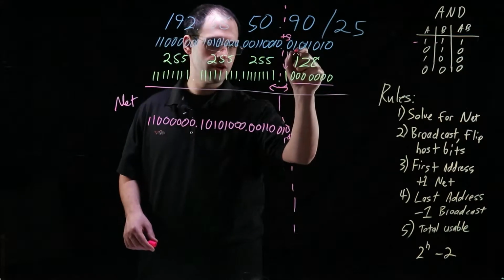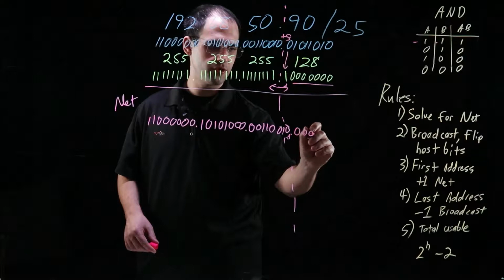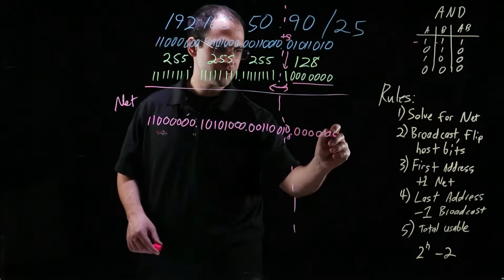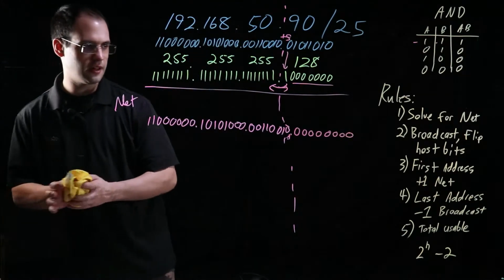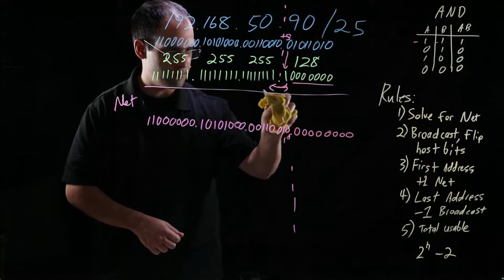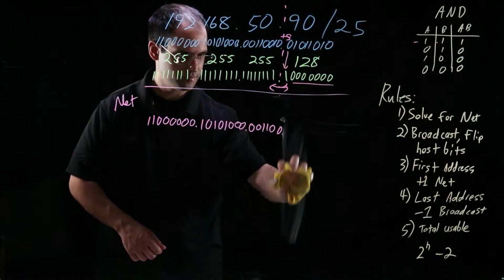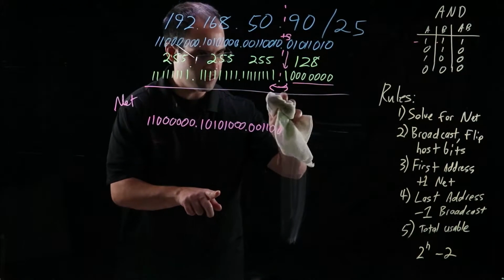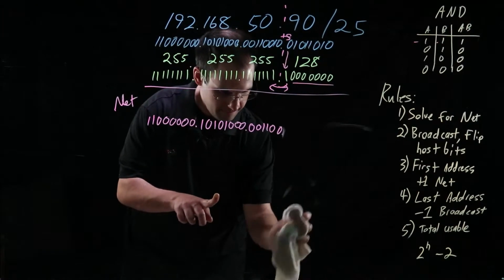We're going to go from a 1 to a 0, and then we have 0, 0, 0, 3, 4, 5, 6, 7, 8. Actually, let me redraw this dotted line. It's a bad representation. I kind of screwed this up. Give me a second here. Let me fix this. I can fix this, I swear.